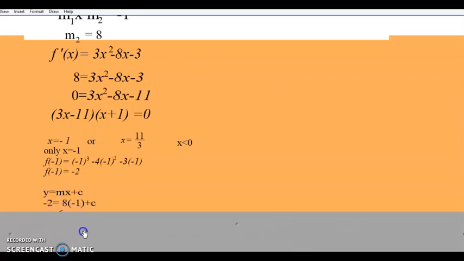So I substitute that into the equation y is equal to mx plus c, and calculate my c value as 6. So the equation of my tangent to the function at the point negative 1, negative 2 is y equals 8x plus 6.